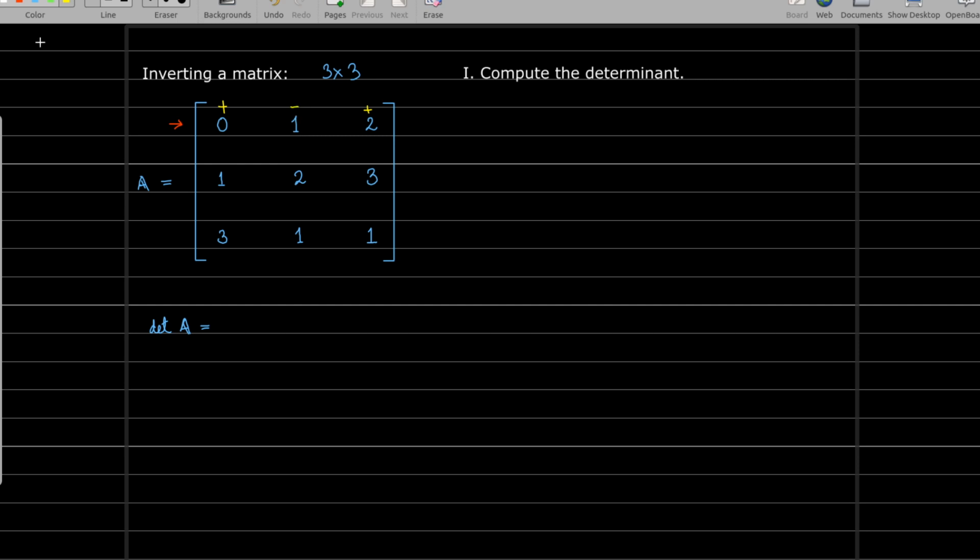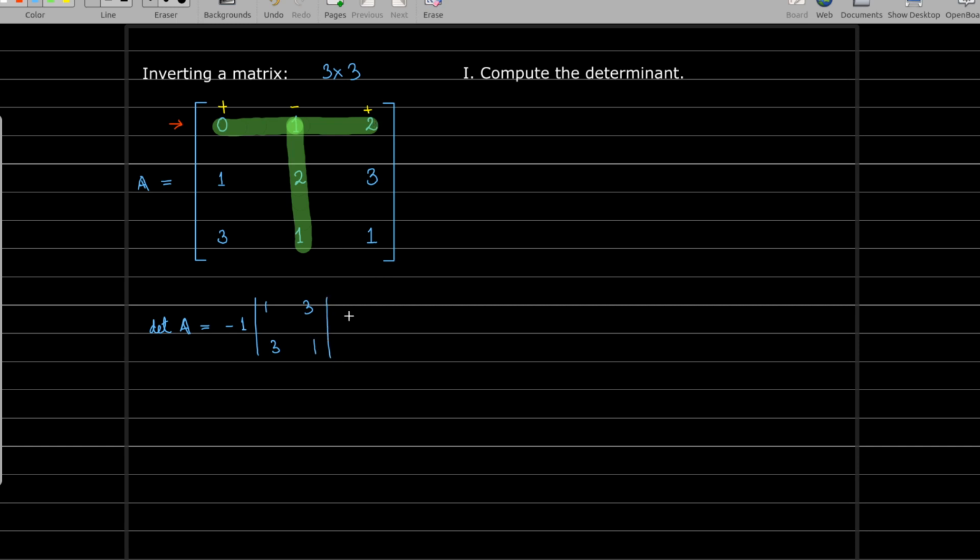There's a minus sign associated over here, so we'll have minus 1, minus 1. Once we have taken minus 1, we delete this row and this column. Whatever is left behind is this, so that will be the determinant of 1 3 3 1.